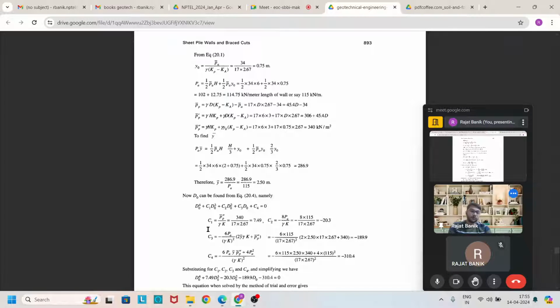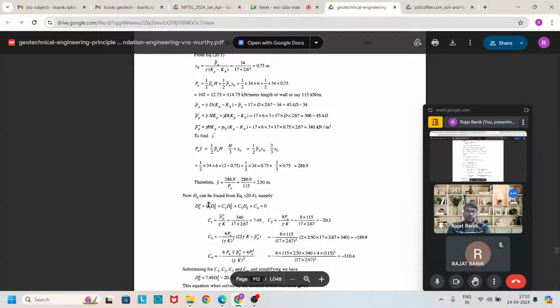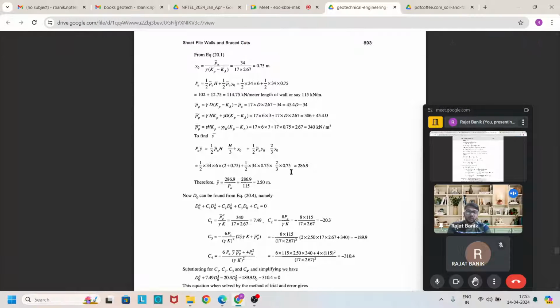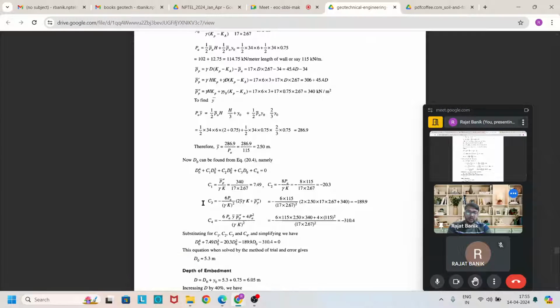So now if we put all these values in this equation, first we get the y bar.